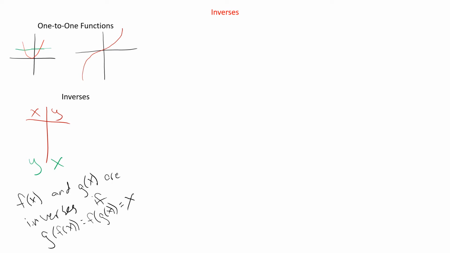So if you take a composite function, one of the other, and it simplifies down to x, then they're inverses. That does not tell us how to find an inverse though.